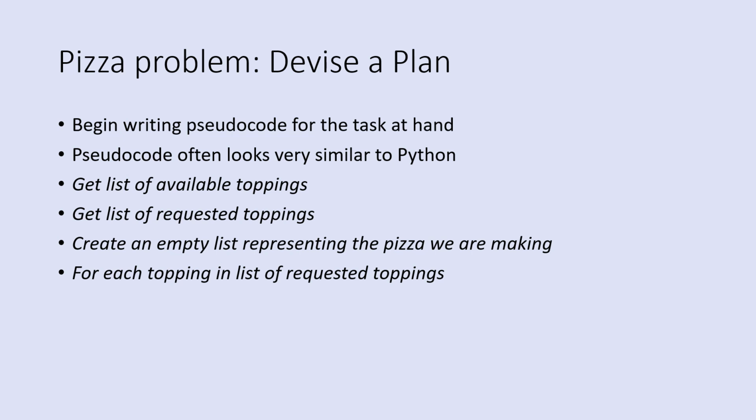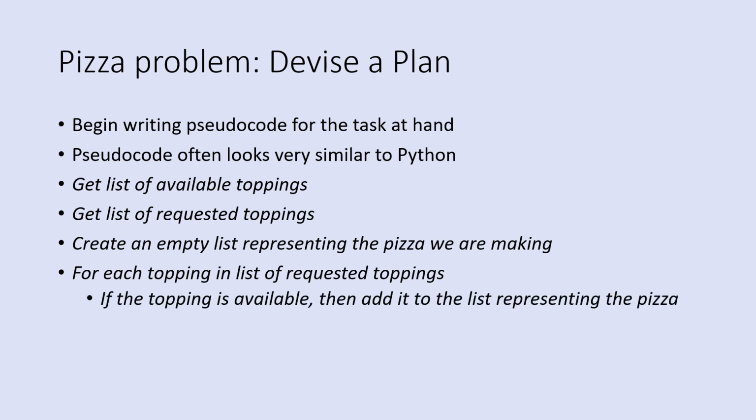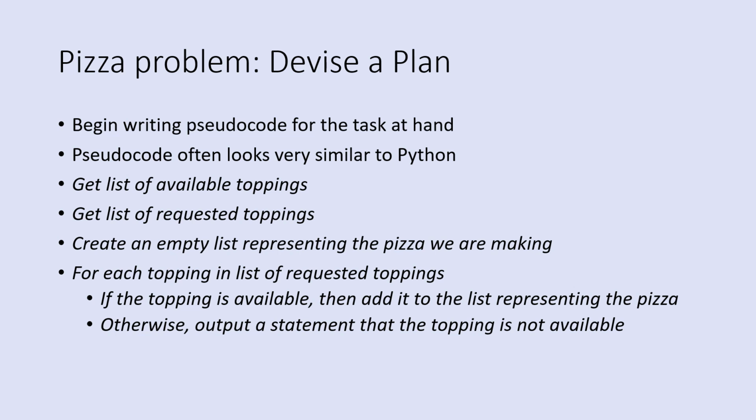And then for each topping in the list of requested toppings, we're going to check: is that topping available? If so, we're going to add it into the list that represents the pizza we're making. Otherwise, we'll output a statement that the topping is not available.